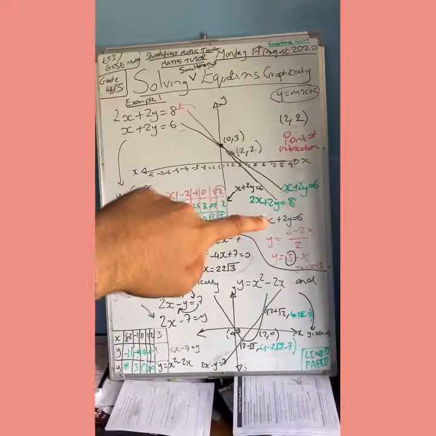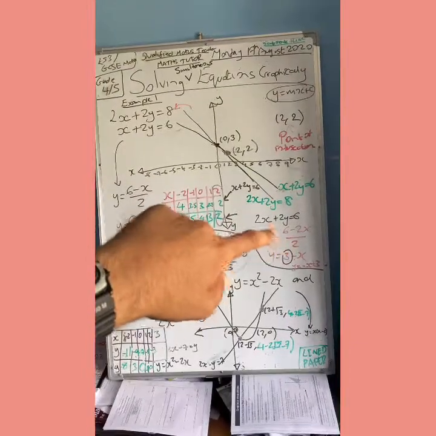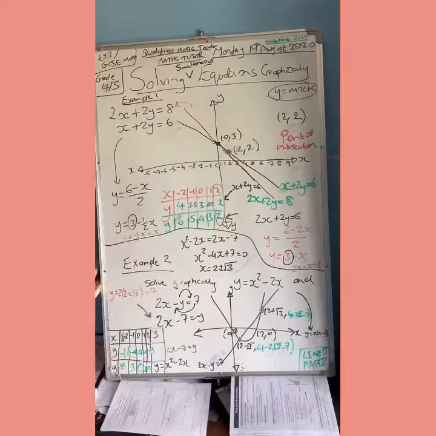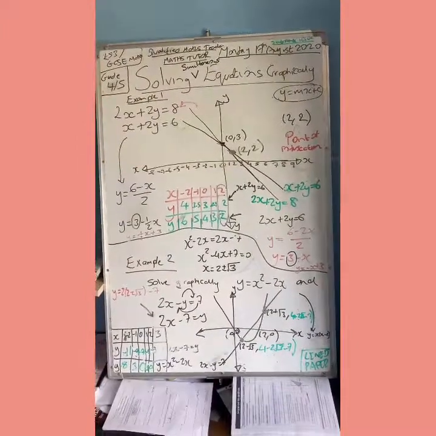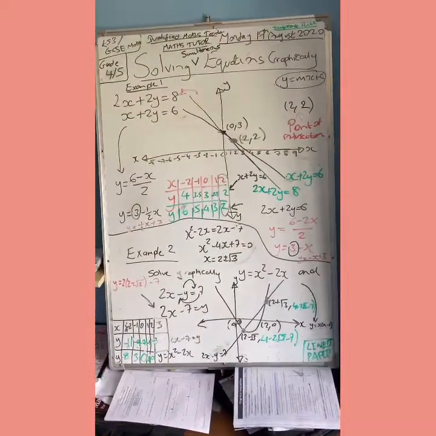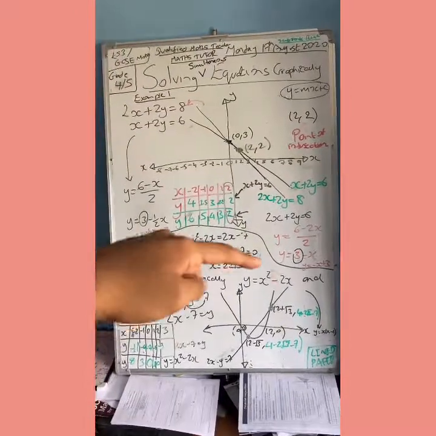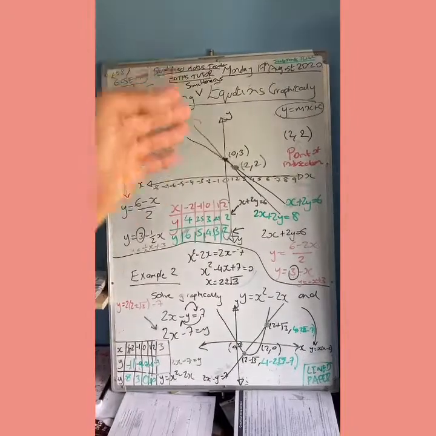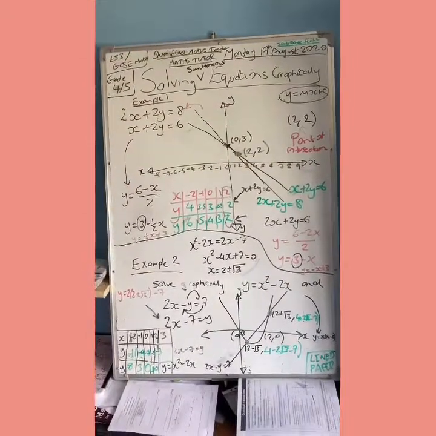It should be 6 over 2, which is 4, not 3, sorry. So y is equal to 4 minus x, or y is equal to minus x plus 4, which changes my answer, but we will come on to that in a second.